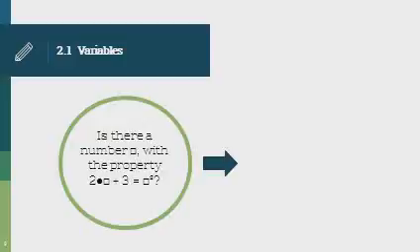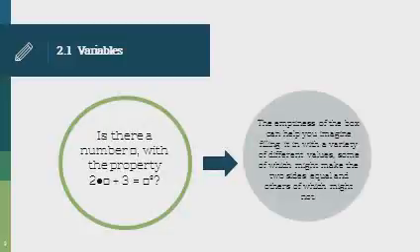Is there a number x with the property 2x plus 3 equals x squared? So, ginawa na siyang box yung x natin. The emptiness of the box can help you imagine filling it in with a variety of different values. And that is the function of variable, since we didn't know pa kung ano yung values niya. So, ano yan?